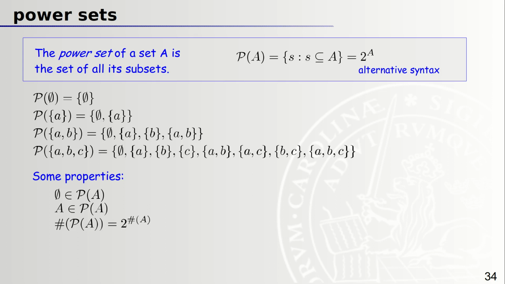Every power set contains the empty set and the set itself. Also, for any set A, the cardinality of its power set is 2 to the cardinality of A. Try to test your understanding of this by developing an intuition for why this is the case. And for now, it's probably a good idea to limit this only to the finite case.